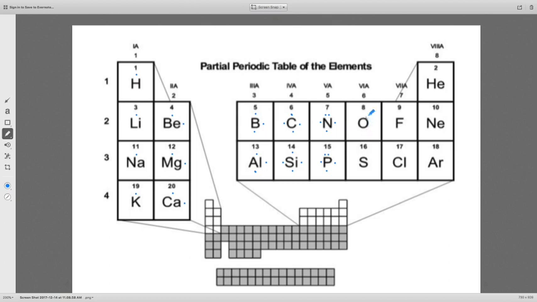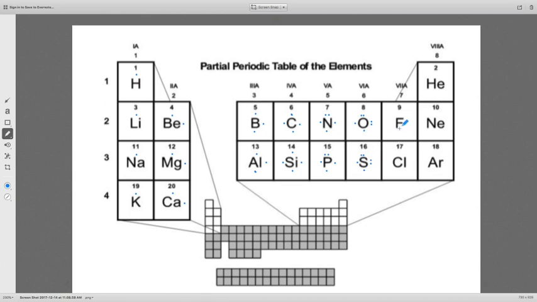Oxygen, moving on, we'll have 6. So we're going to go 1, 2, 3, 4, pair up the 5th, and pair up the 6th. Same with sulfur. 1, 2, 3, 4, 5, and 6.